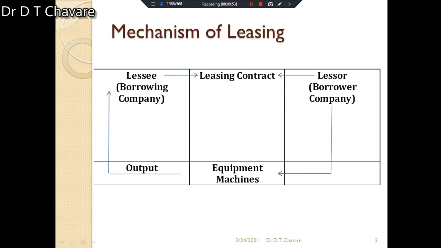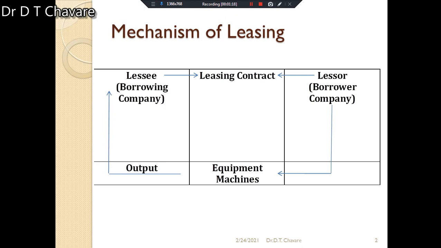A borrowing company does not want to purchase certain equipment which is required for a limited or specific period. This is the main thing.